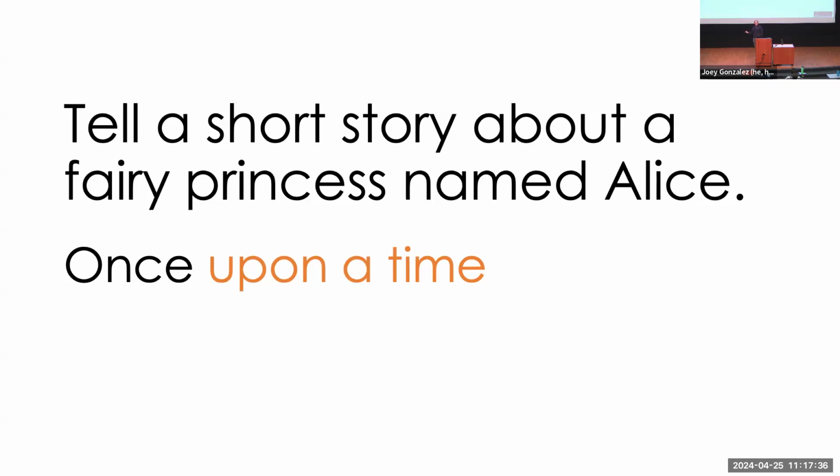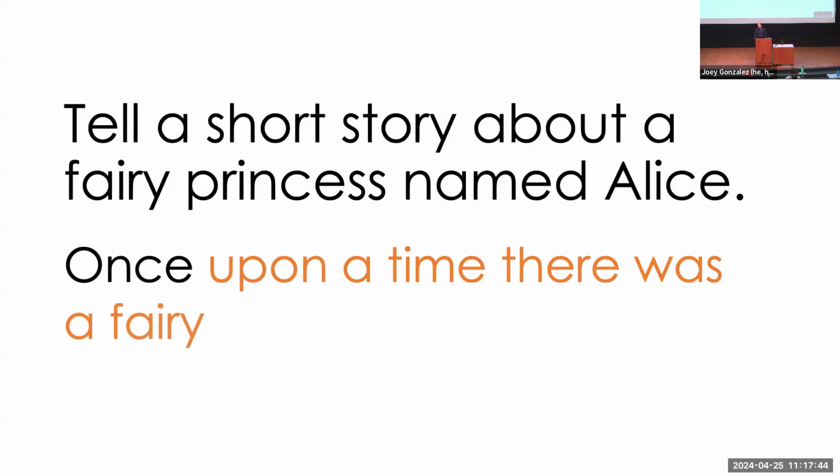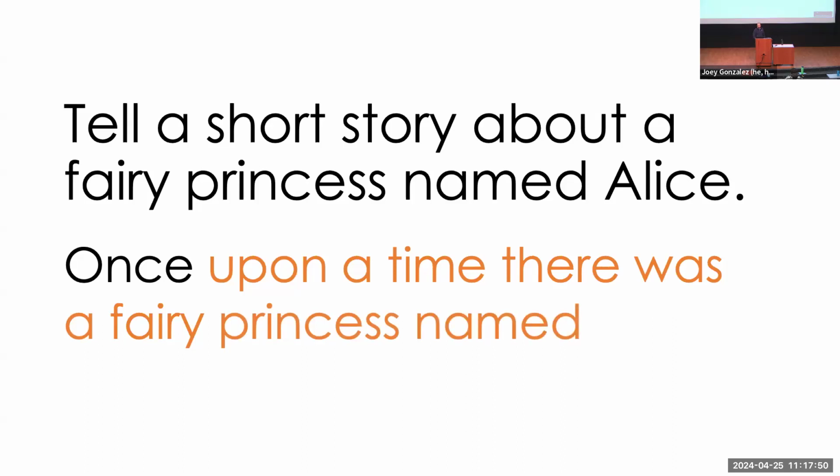You understand language. You have knowledge. Once upon a time, there was a fairy princess would have worked too, but a fairy princess, we're going to go with it, named Alice. So not only do you need to be able to know how things sound and how people normally write, but you also need to be able to read what came before. These are amazing skills, and all I'm doing here is predicting the next word.